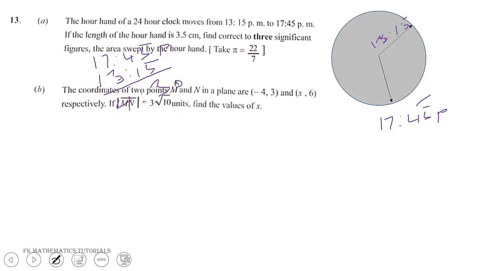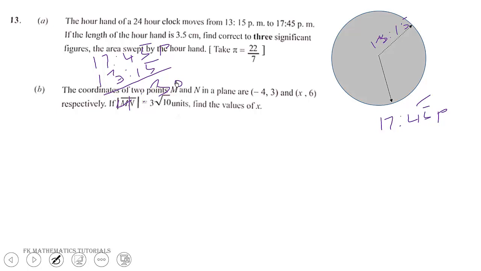Now the hour hand needs to move 12 hours to complete one cycle, which is 360 degrees. So if we divide 360 degrees by 12, each hour is 30 degrees.